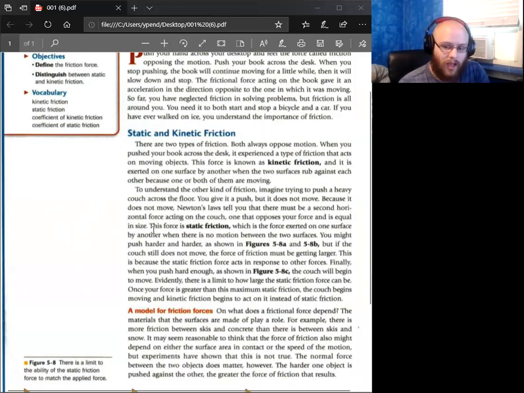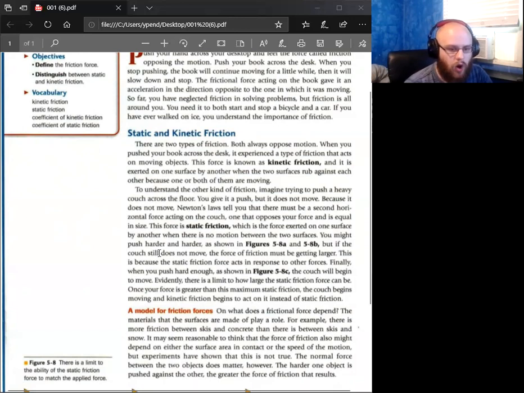It's equal in size because if it was greater, the couch would instead be moving toward us instead of staying in place. This force is static friction, which is the force exerted on one surface by another when there is no motion between two surfaces. Now, static means lacking in movement. When I hear the word static, I think of other words like maybe stasis or just stopped in place.